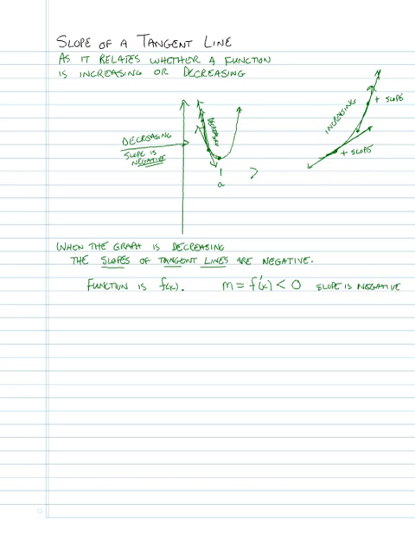Now, in a very similar fashion, and you're already seeing through this, when the graph is increasing, then of course the tangent lines are going up. So we could say the slopes of tangent lines, since the tangent lines are going up, are positive.